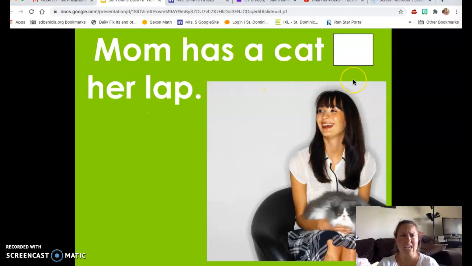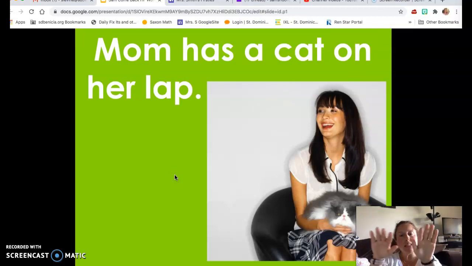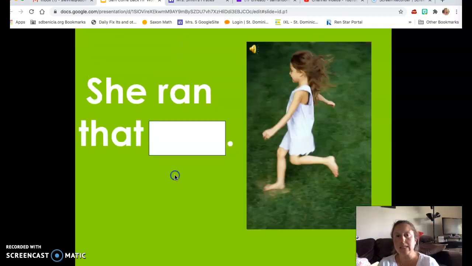Well, is it weigh her lap? I have to go through a process of elimination. I go through those three words and I try to find the best one. Is the cat in her lap? Well, you might say that, but I see the cat as more on top of her lap. Let's see if this sentence agrees with me. On her lap. Instead of in, like inside of a bag. Yeah. Let's keep going.